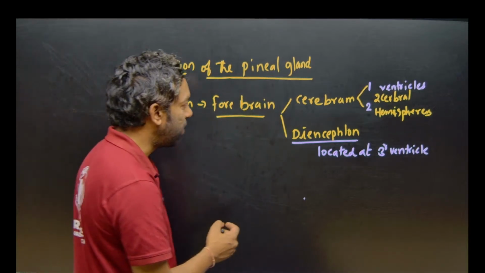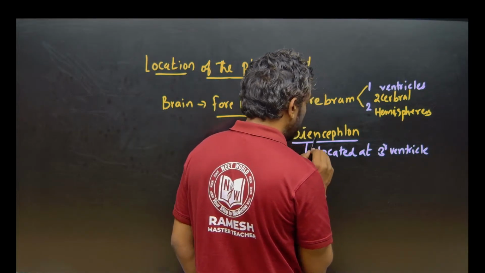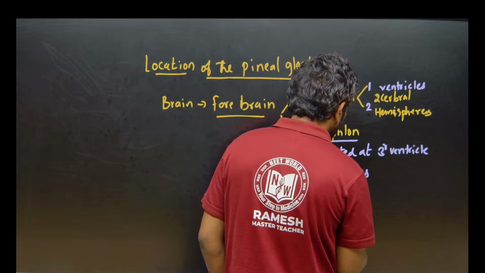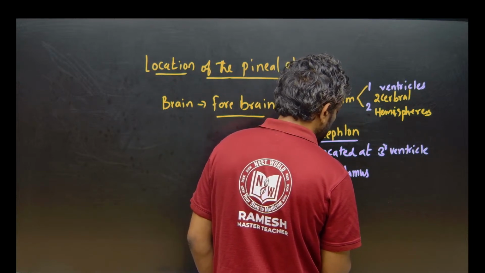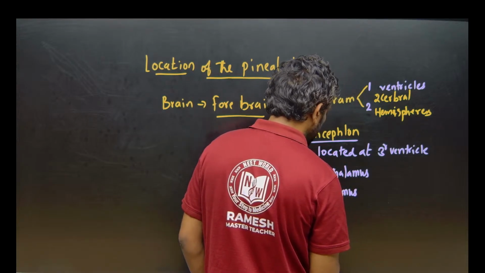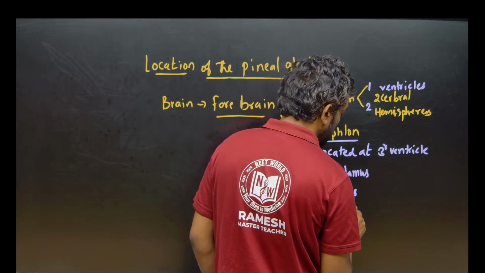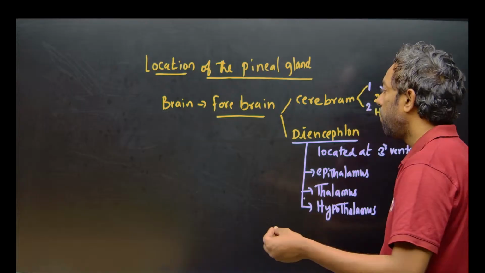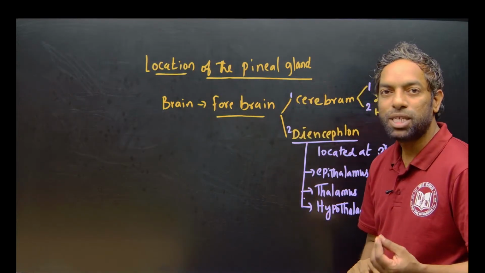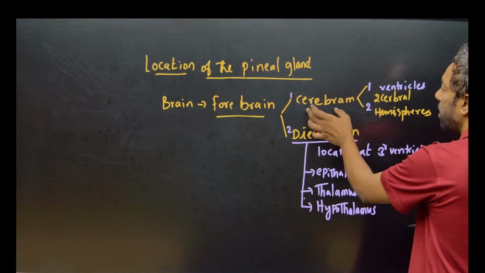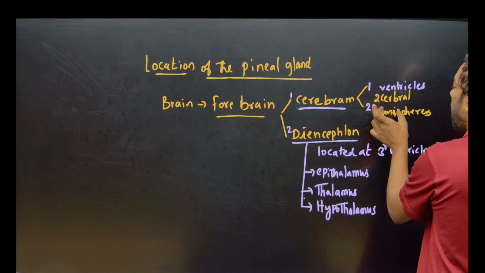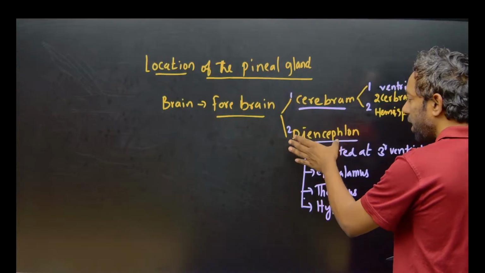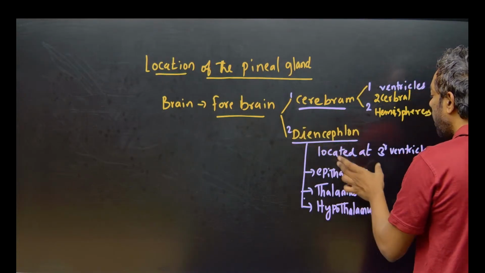The diencephalon has 3 parts: the epithalamus, thalamus and hypothalamus. The diencephalon is a part of the forebrain. The forebrain has 2 parts, the cerebral hemispheres and the diencephalon. The first and second ventricles are located in the two cerebral hemispheres, and the diencephalon is located at the third ventricle.